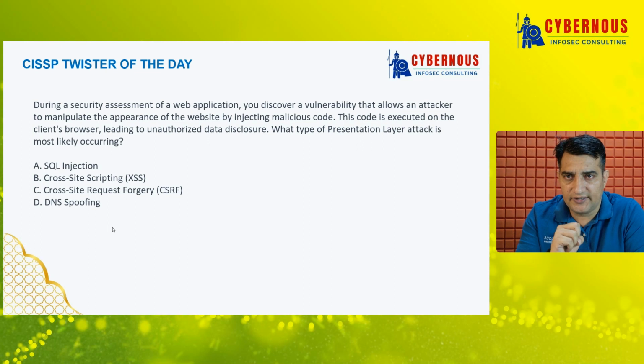What kind of controls can we put in for cross-site scripting? To make sure cross-site scripting is defeated, we need to make sure there is strong input validation first and foremost, so that an attacker is not able to inject malicious code on a website. And then also making sure that all the monitoring controls are in place.